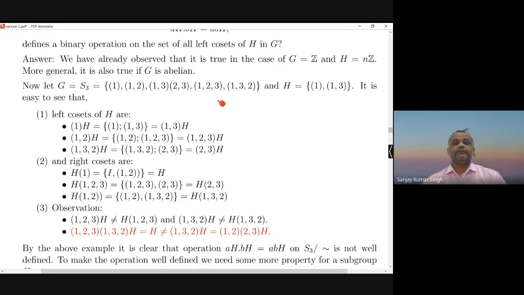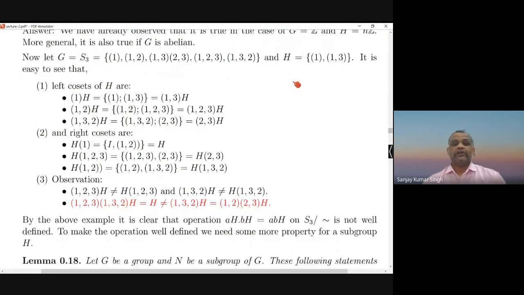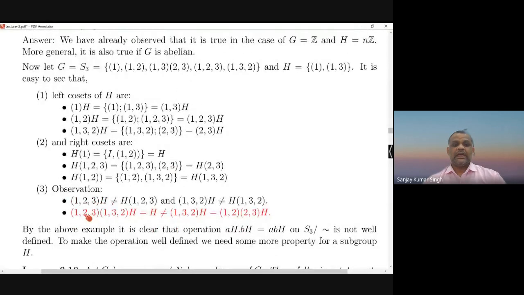But in general, if you take S3 and take a subgroup H and calculate this product aH bH, then it is basically H. But since each left coset has different representatives, in this case the left coset of H with respect to element (1 2) is the same as the left coset of H with respect to element (1 2 3).